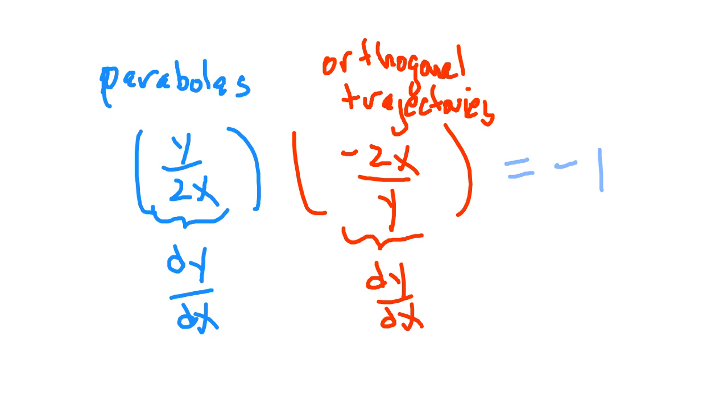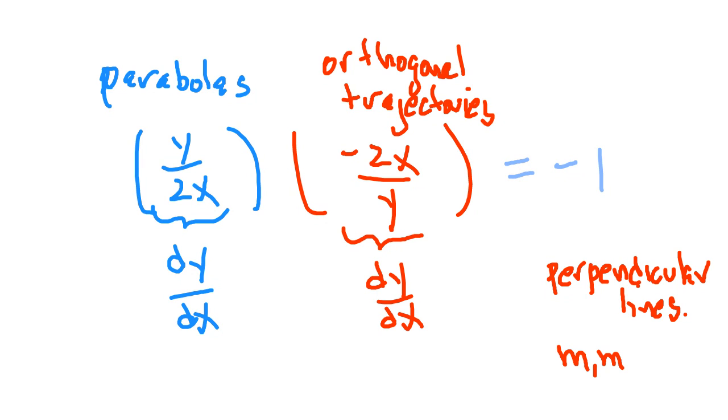It's just like when you have perpendicular lines, the product of their slopes, m1 times m2, has to equal -1. That's a very common thing that hopefully you've seen in algebra or somewhere along the way. It's the truth.